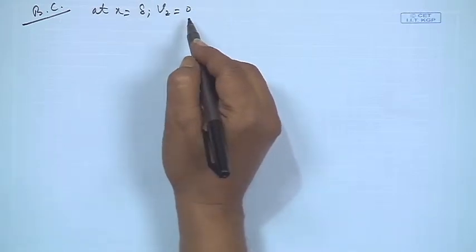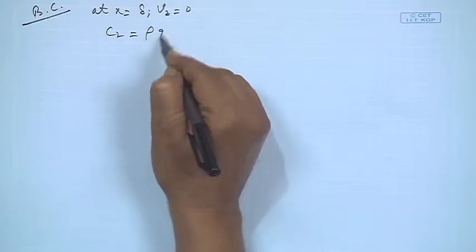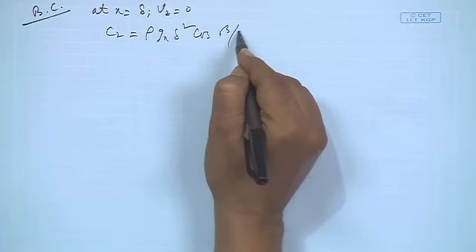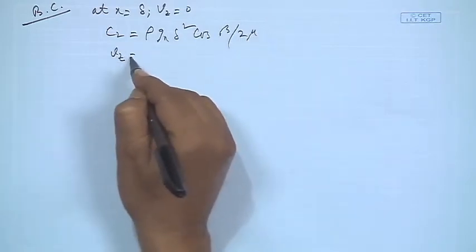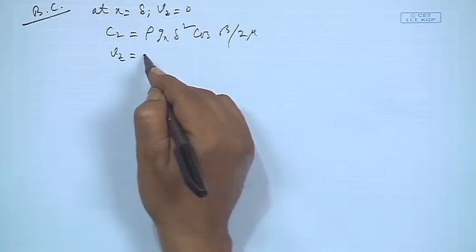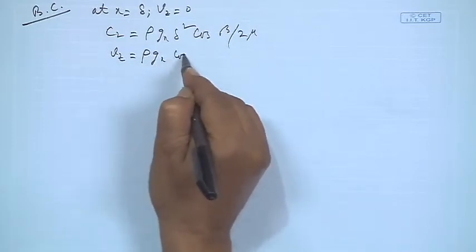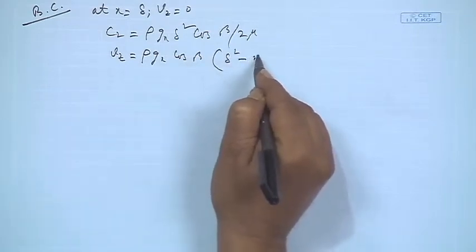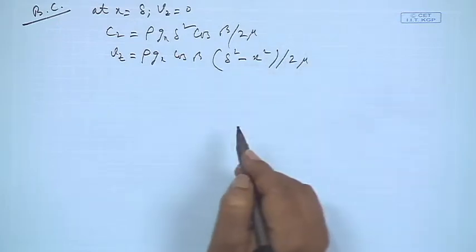So if that is true, we can write C2 equals rho gx del square cos beta over 2 mu, right? Or Vz equals rho gx cos beta into del square minus x square, over 2 mu.